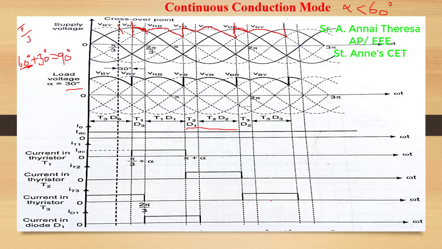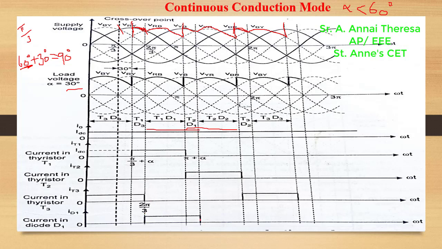Then the current through diodes D1, D2, D3 we can also draw like this. This is the duration for diode D1, from here to here. Here also diode D1 is conducting, and here also. So this is the current flowing through D1.